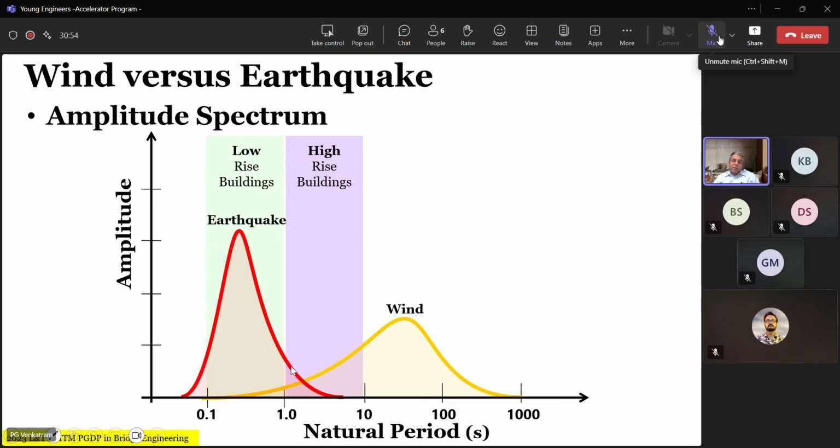So, if you take the outer dimension, what are you doing? When you take the outer dimension, you are underestimating the natural period. And when you underestimate the natural period, what is the consequence?